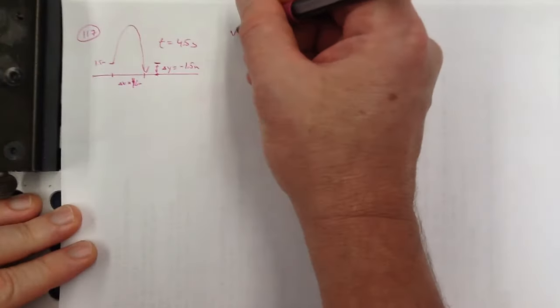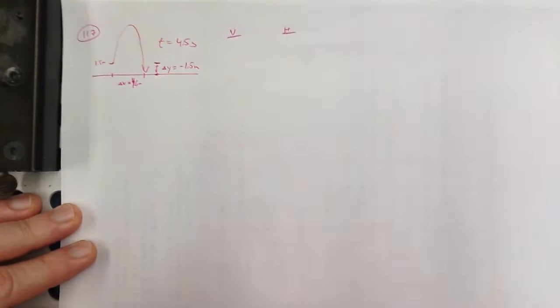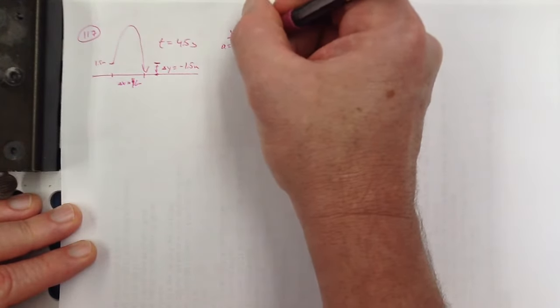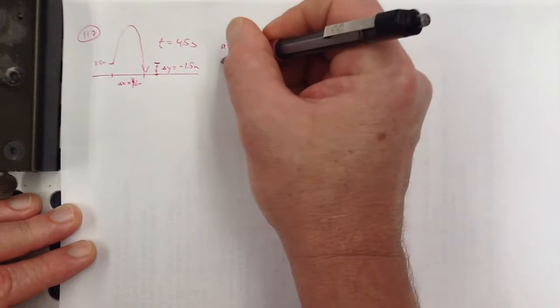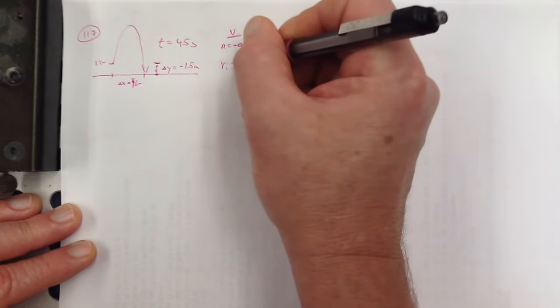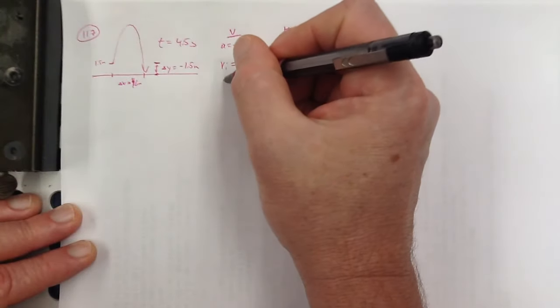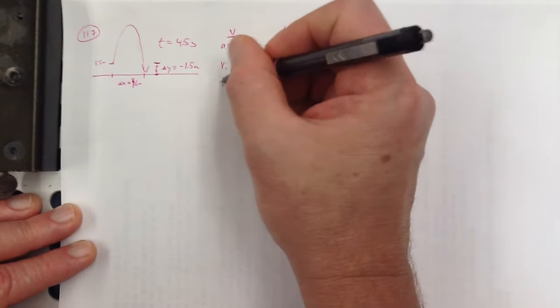So let's set up our projectile motion problem. Acceleration is negative 9.8 meters per second squared. The initial velocity is, I don't know, I would like to know it. The time, final velocity, I don't think we're going to mess with that.